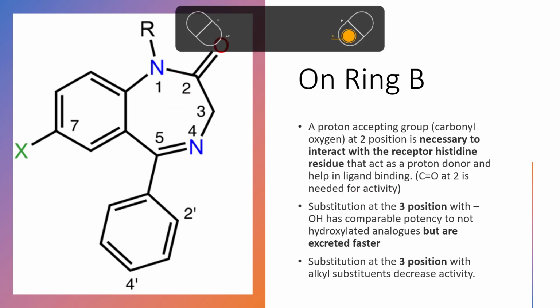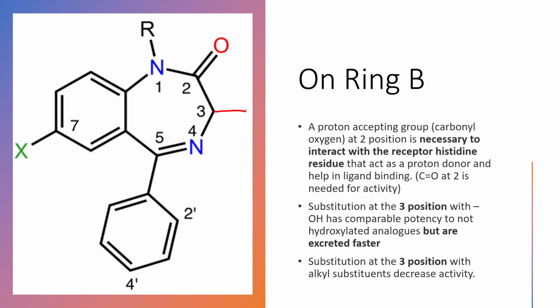The next one is substitution at the 3 position with a hydroxyl group has comparable potency to non-substituted analogs but are excreted faster. Meaning, if you compare those with OH and those without OH, they have the same activity.